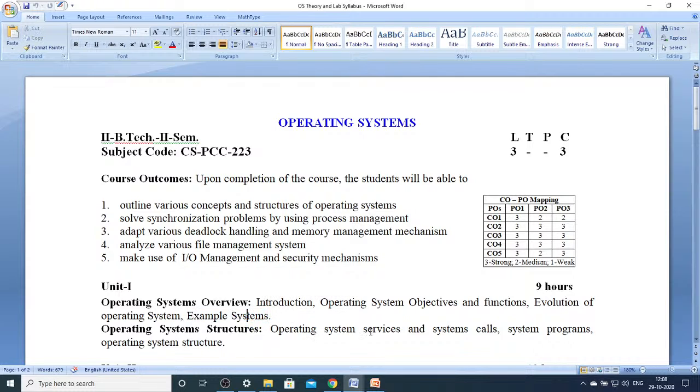And coming to the system calls, again you need to mention all 6 types of system calls. Likewise, system programs also, we have seen 7 types of system programs. You need to explain all those 7 types.